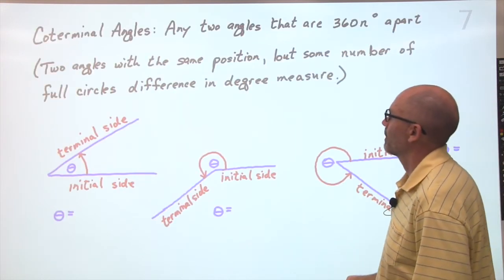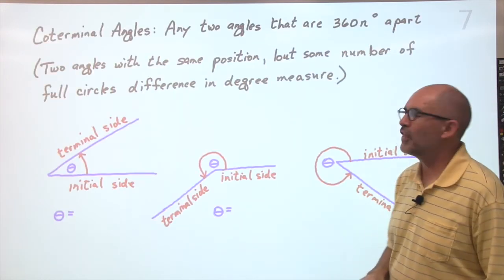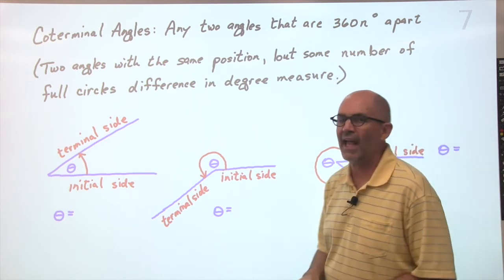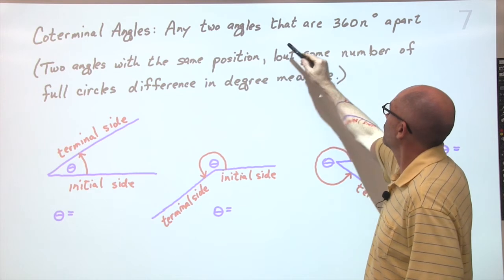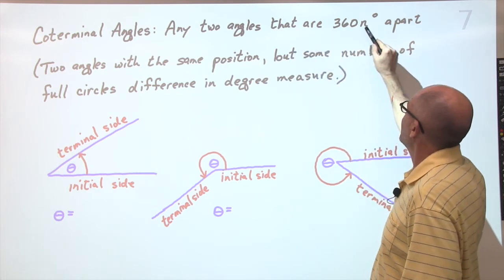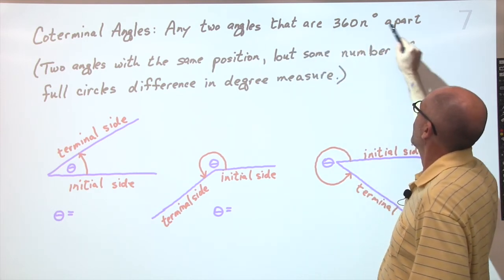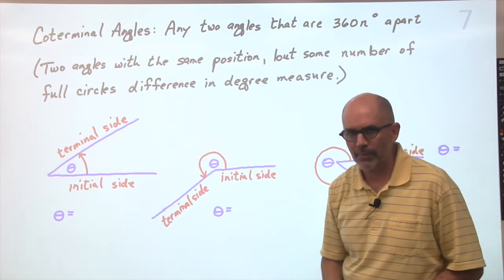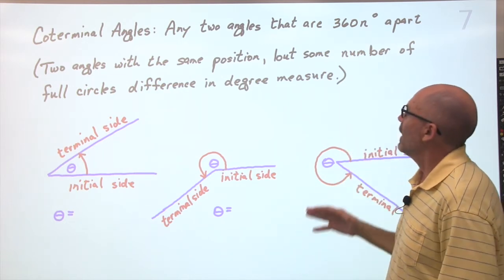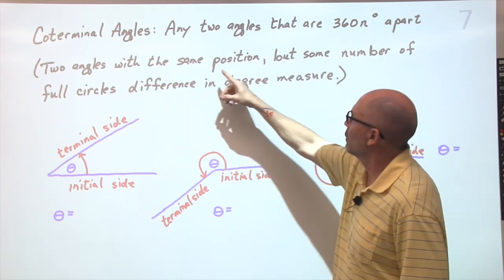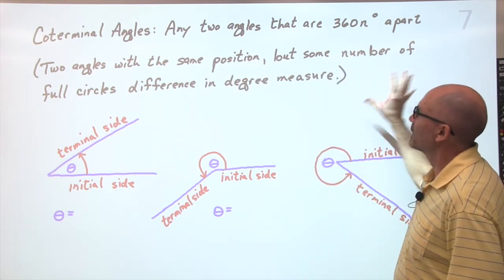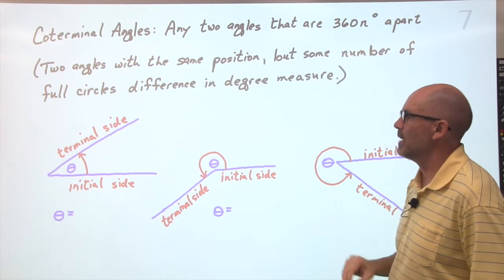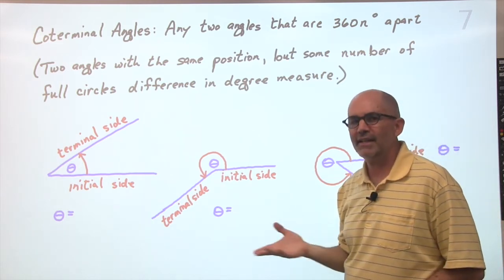Okay, so cruising onward. Next we have a thing we call coterminal angles. Now, coterminal angles are any two angles that are 360n degrees apart, where n is any integer. So that basically means two angles with the same position, but there's some number of full circles difference in degree measure. So what does that mean?